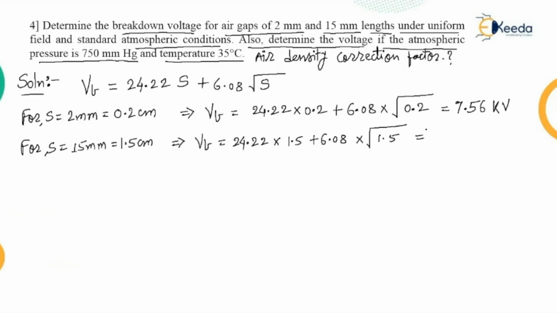Just replace 0.2 by 1.5 in the calculator, and you get 43.777 kilovolt. So this is the value.